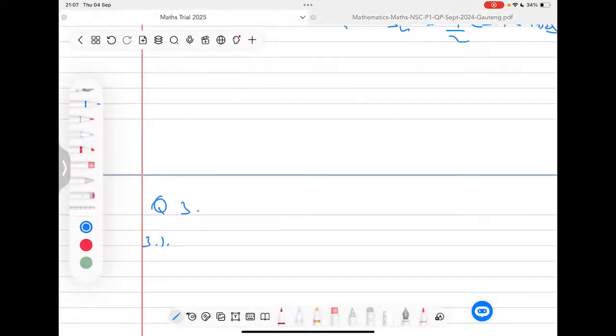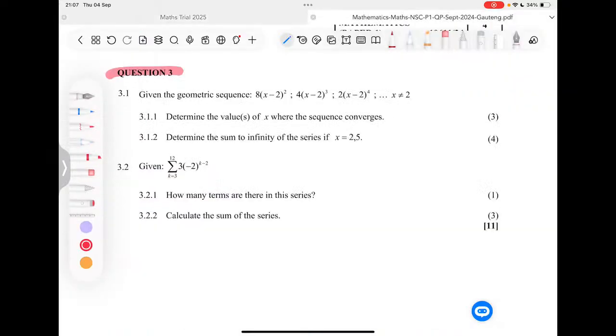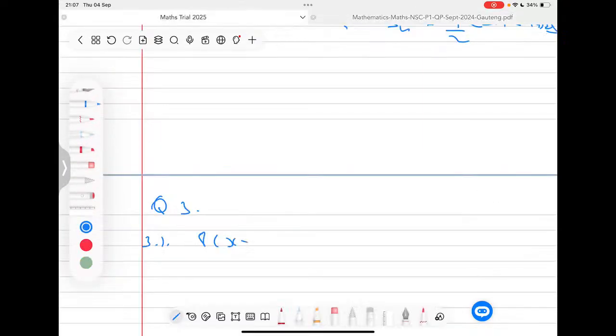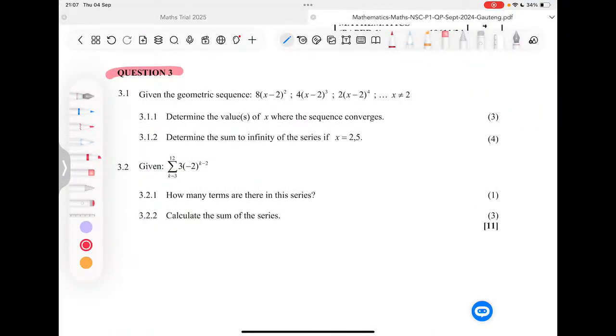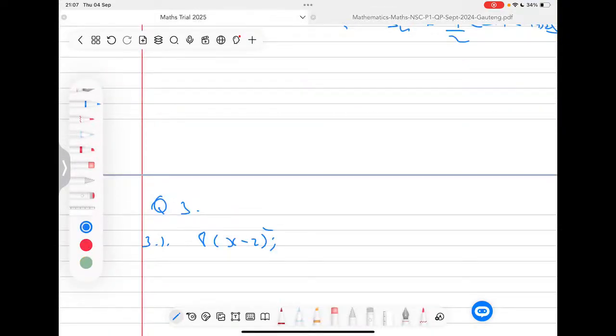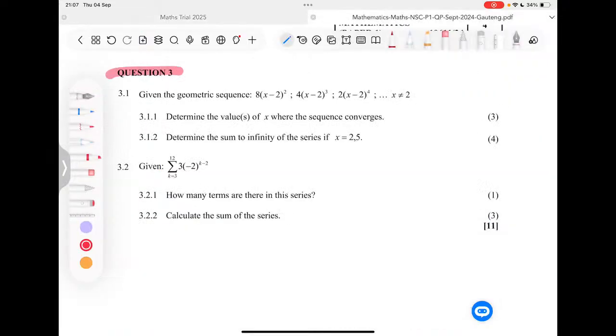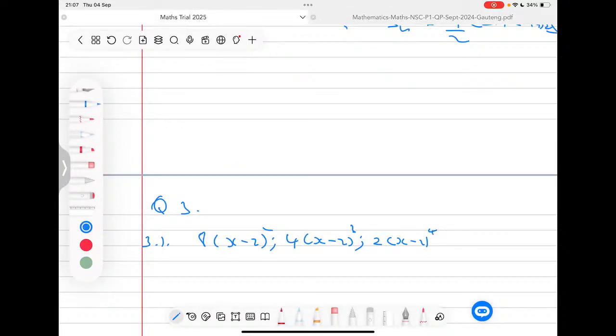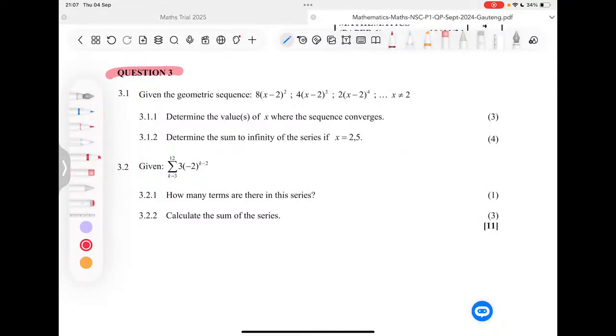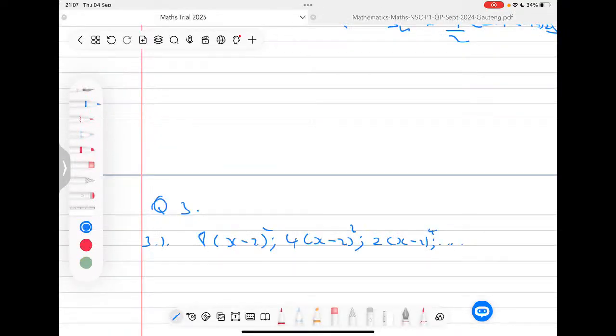So the first term in this sequence is 8(x − 2)², and you also have 4(x − 2)³, and I think we have a 2(x − 2) to the power 4. Interesting. And this sequence continues like that. It's an infinite sequence that goes on without stopping.